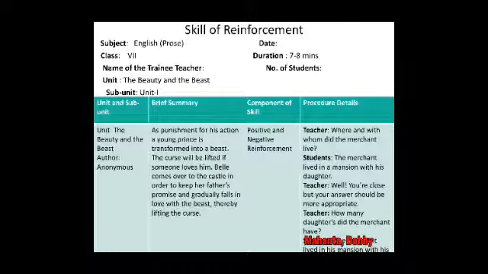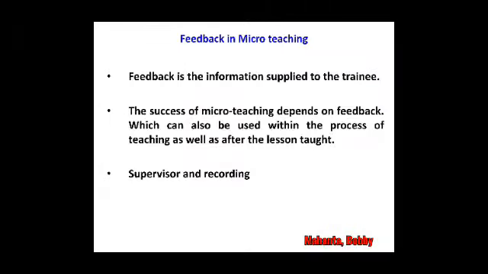If you remember, feedback needs to be provided. Feedback is important. Without feedback, you will not understand how far you have improved your skills. So a feedback sheet needs to be prepared. Let us have a look. Feedback supplies information about the trainee, how far the trainee has developed the skill.